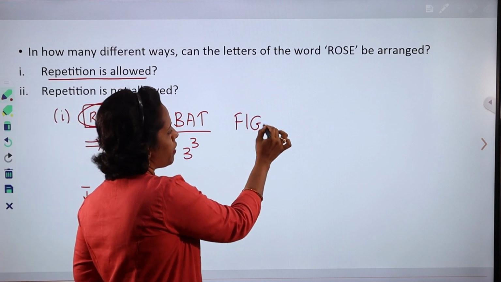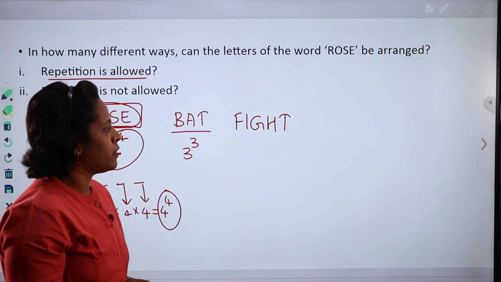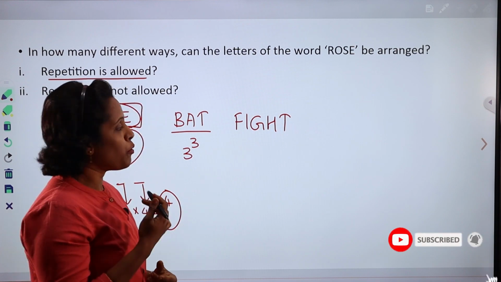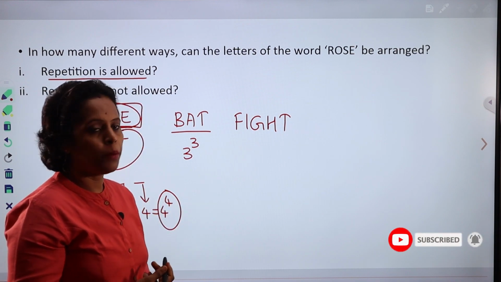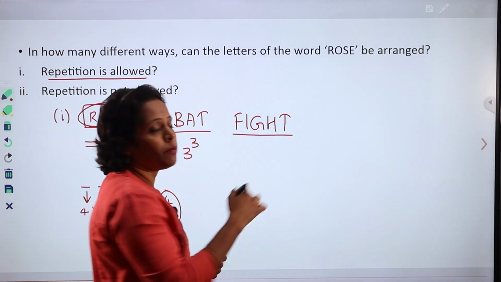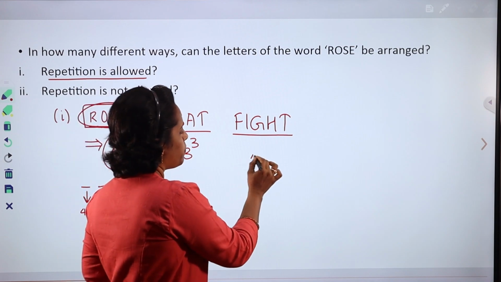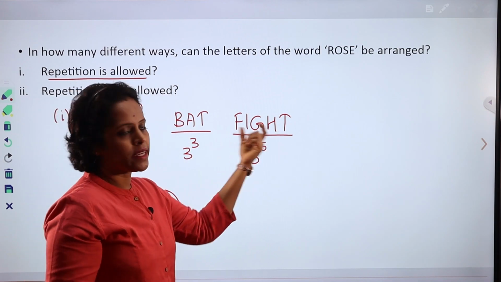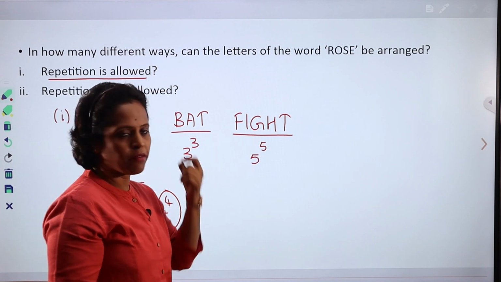The next word, FIGHT. If I am asked to find out how many 5-letter words you can form using the letters of the word FIGHT where repetition is allowed, what will my answer be? 5 power 5 because FIGHT is a 5-letter word.